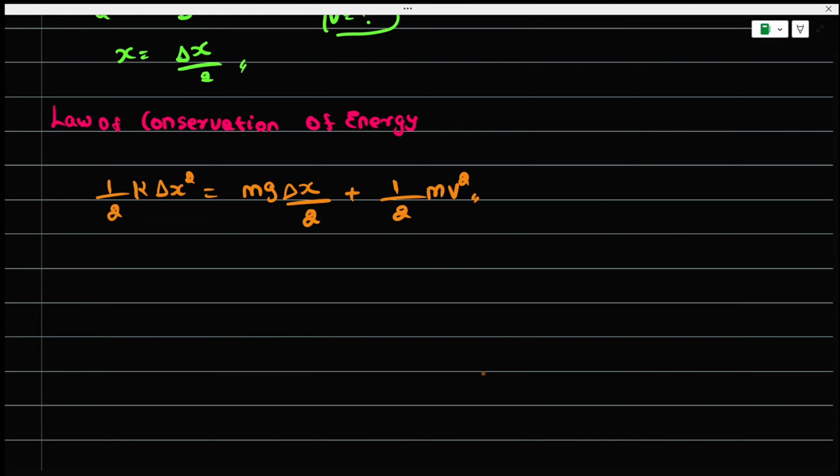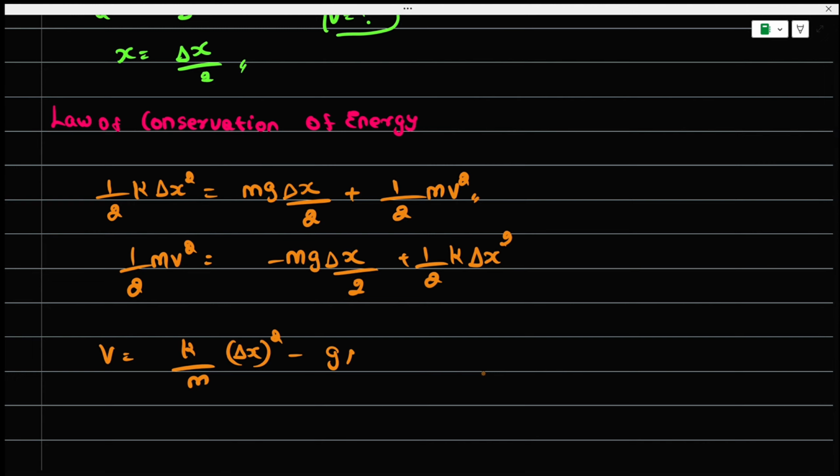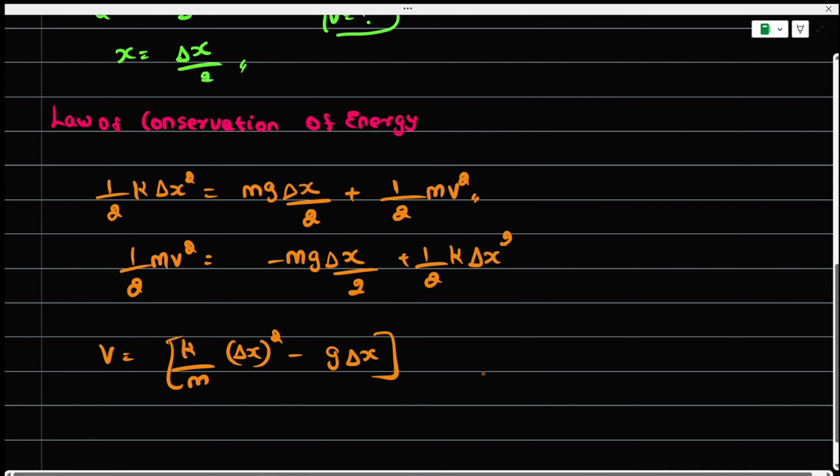When the block leaves the ramp, it gets kinetic energy because it falls to the ground. Now half m v square is equal to half k into delta x square minus mg delta x by 2. So v is equal to k by m into delta x whole square minus g into delta x, whole to the power 1 by 2, because v square, now it's under root.